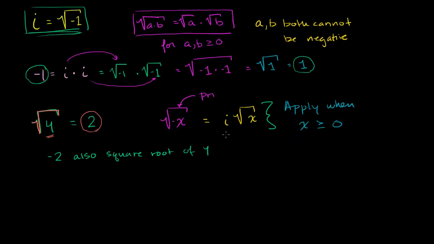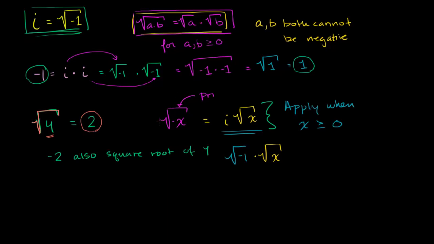And if you look at it this way and say, hey, i can be the square root of negative 1 if it's the principal branch of the complex square root function, then you could rewrite this right over here as the square root of negative 1 times the square root of x. And so the real fault in this logic, when people say negative 1 can't be equal to 1, is using this property where both of these are negative numbers. That will come up with something that is unambiguously false.